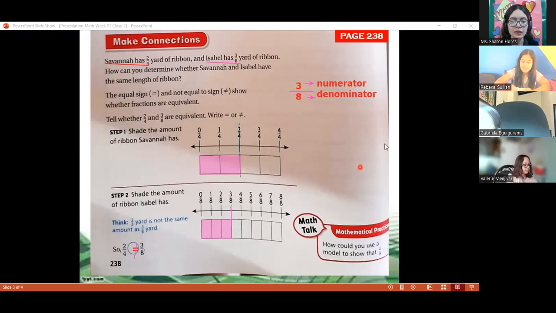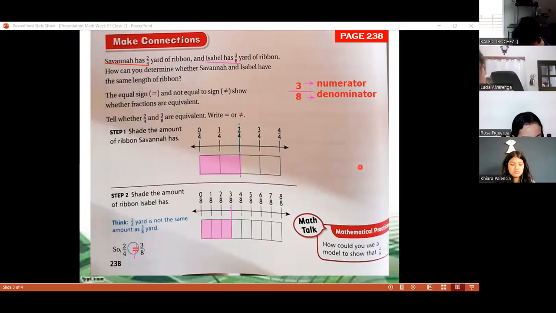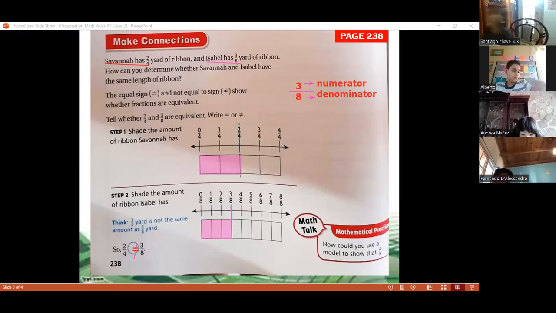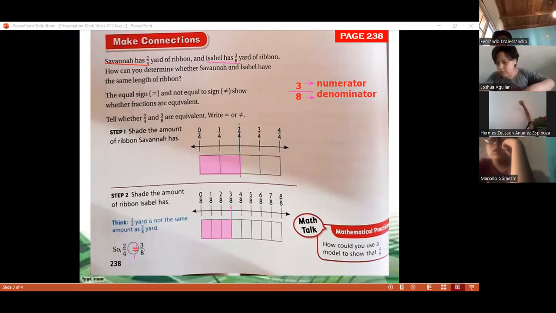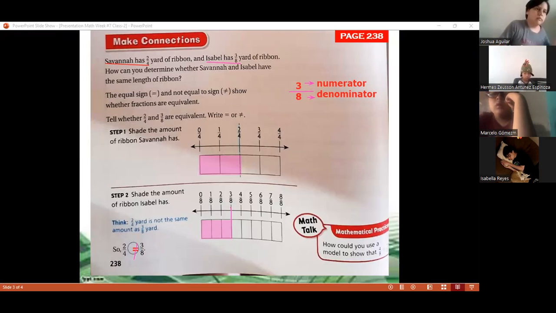Now, I'm going to take attendance, class. Say present if you're connected. Ana, Andrea, and Camila. Present. Ana Flores. No. Gabriela, Isabel, and Kiara. Present. Okay. Lucia, Mia, and Rebecca.